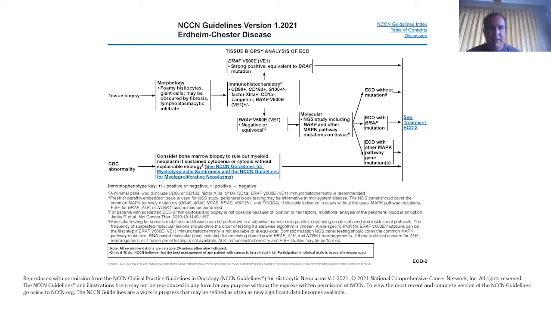So monitoring patients' blood counts and having a degree of suspicion for what we call a secondary myeloid neoplasm is important in these diagnoses. So this is sort of a broad overview of how we approach the diagnosis of the disease and some of the associated conditions, but we can delve now on the next slide into some of the therapeutic options.